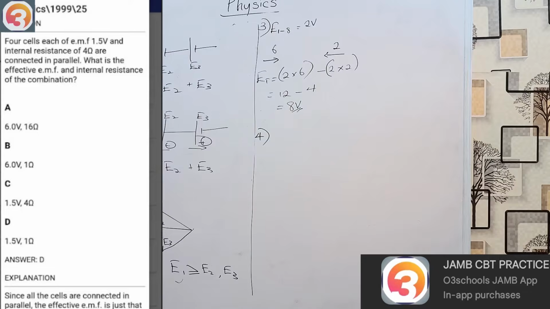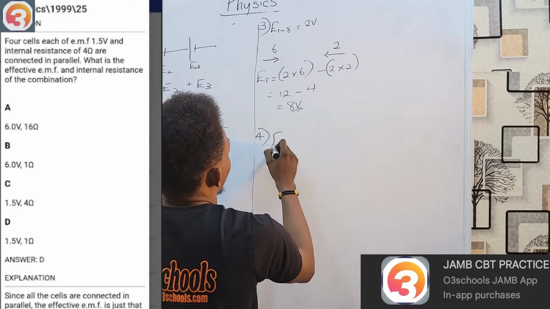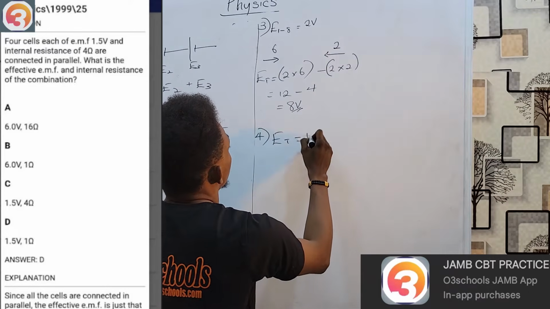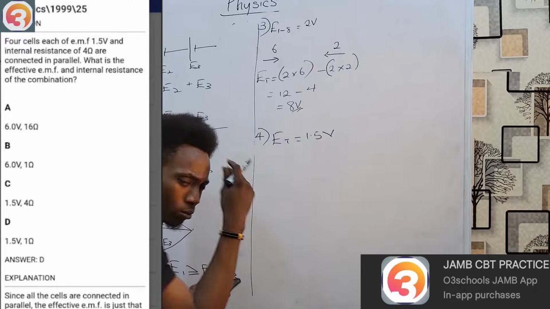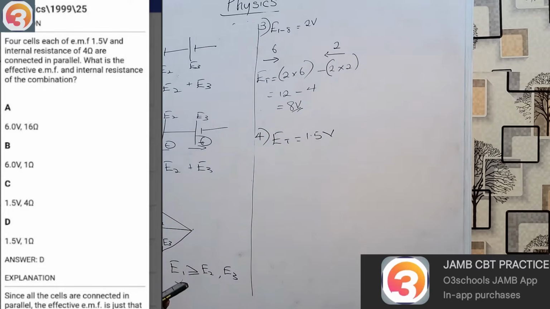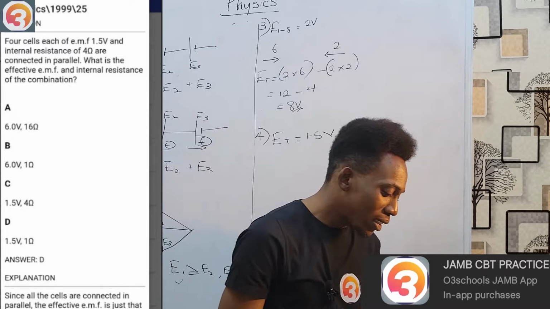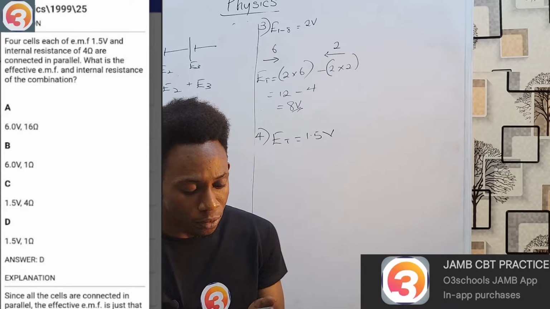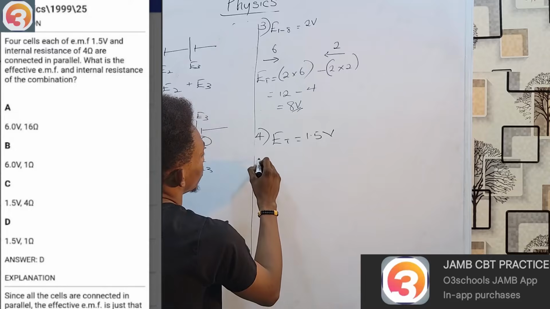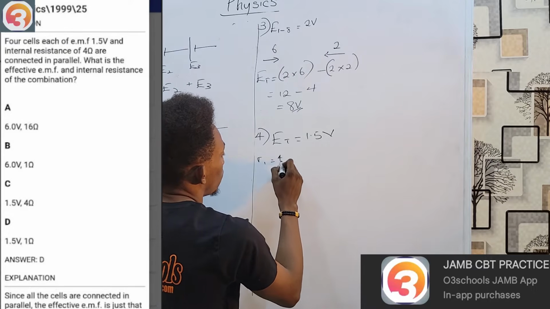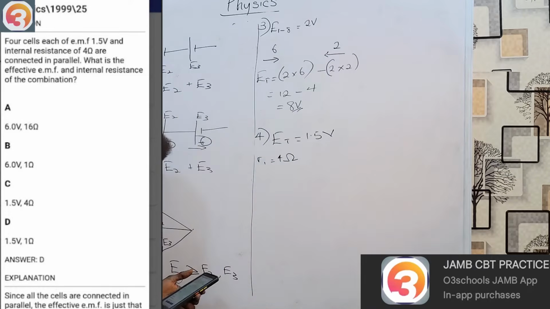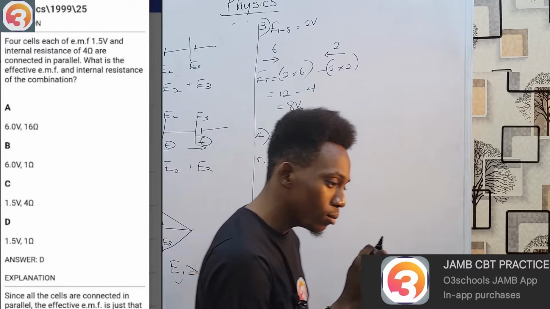But since all of them are 1.5 volts, my net EMF must also be 1.5 volts. However, the next thing we are being told is the net internal resistance as well. And each of them has an internal resistance of 4 ohms. There's a tiny trick we need to remember.